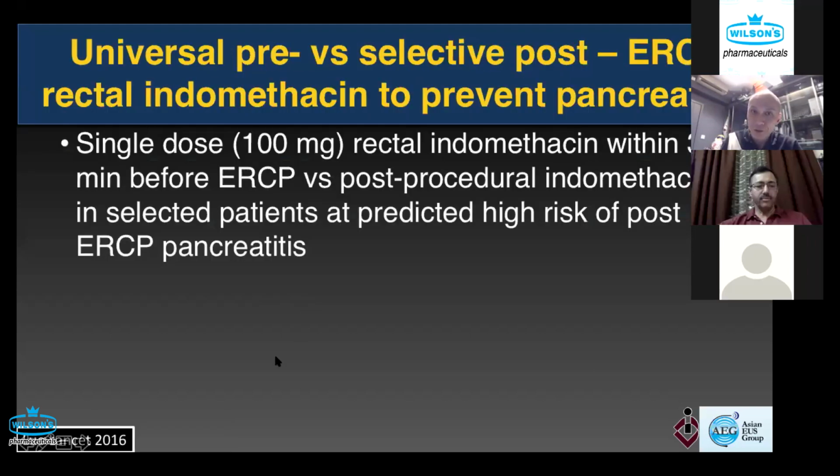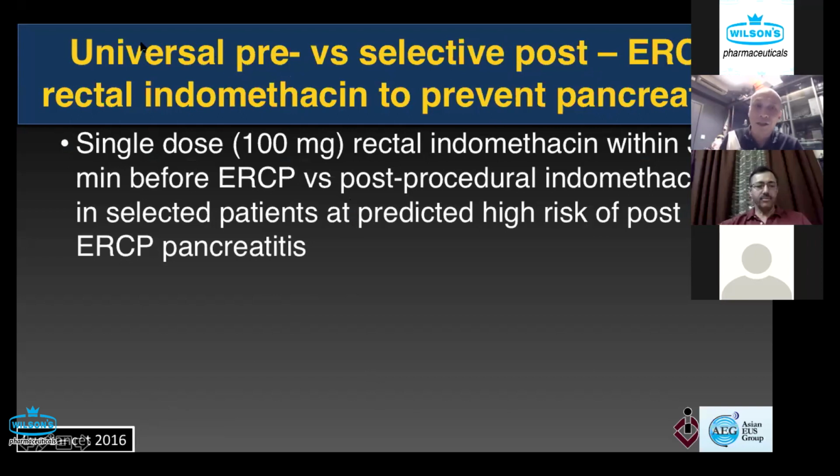Thereafter, a Chinese group published a paper in the Lancet comparing universal pre-ERCP versus selective post-ERCP indomethacin to prevent pancreatitis.